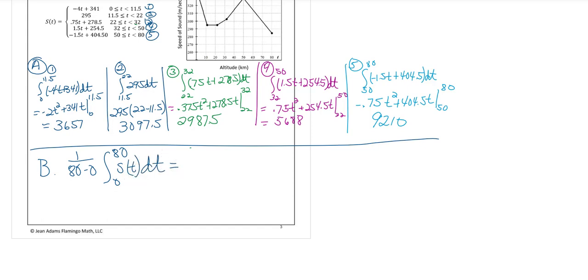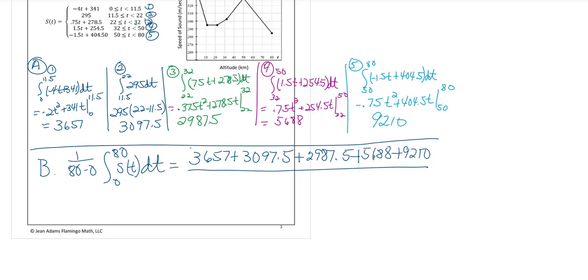That's just a matter of adding all these values together for each section. And then this all gets divided by that 80 minus 0.